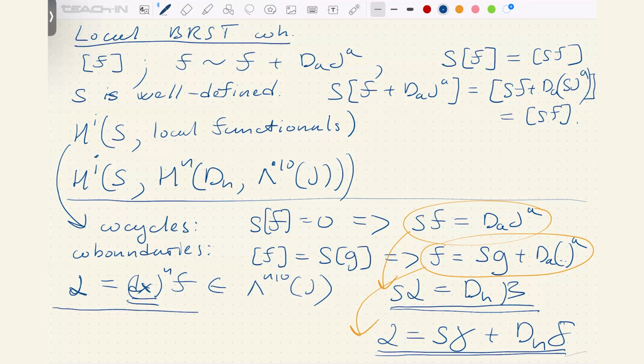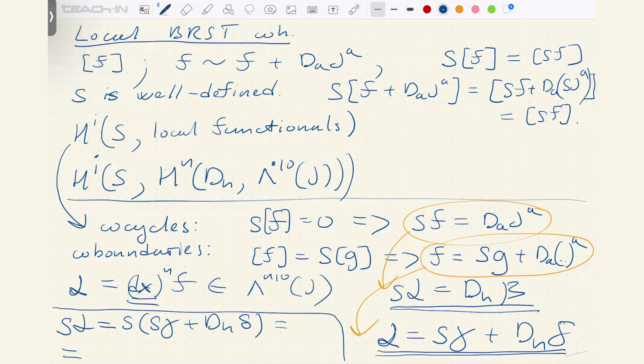What is important to check, and this is very simple, is that if we have alpha of this structure, so if it's a coboundary, then it's automatically a cocycle. Of course, it's a trivial cocycle. How do we check it? We need to check that S acting on alpha is d_H on something. So let's substitute: S acting on alpha is S acting on S gamma plus d_H delta.